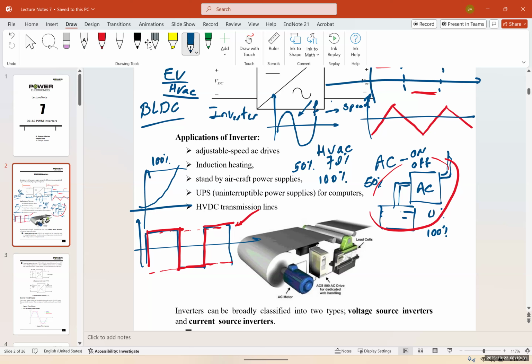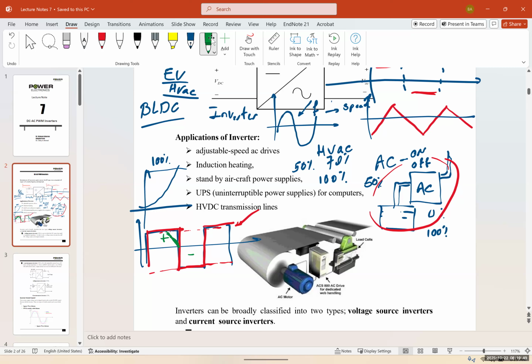But when you have an AC signal, it's going to gradually decrease and increase. So it's not going to suddenly go from positive to negative. It's going to go very slowly to zero.